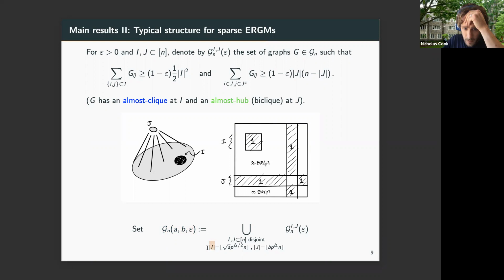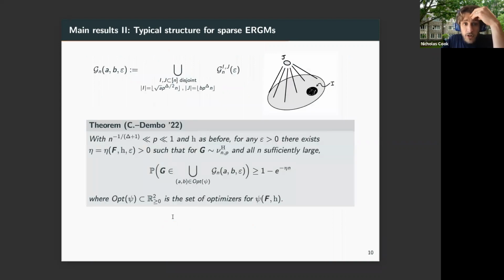So the almost clique is of size that scales like p to the max degree over 2 times n, and then we parameterize by scaling it by square root a, and then the almost hub has size b times p to the delta n. And then we just take the union over all possible positions for the almost clique and almost hub. So this is the set of graphs that have an almost clique and an almost hub of these given sizes in terms of a and b.